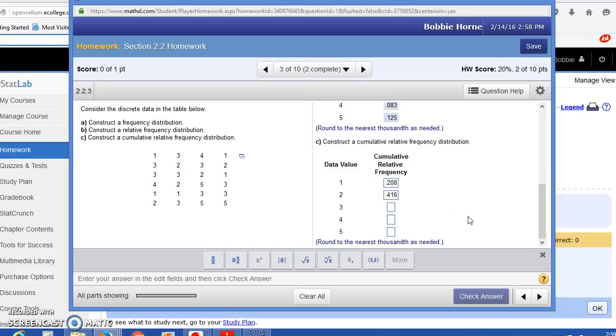0.375 to 0.416, which is, bear with me, I'm doing these calculations as I go, 0.791, and then 0.791 plus 0.083 would be 0.874.